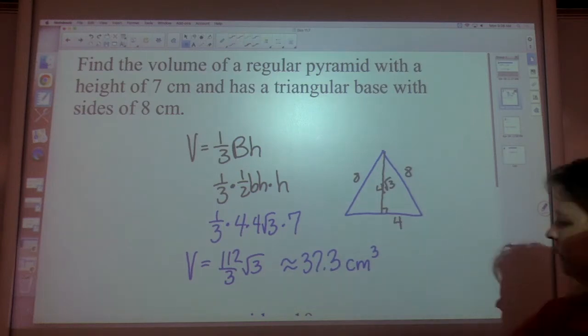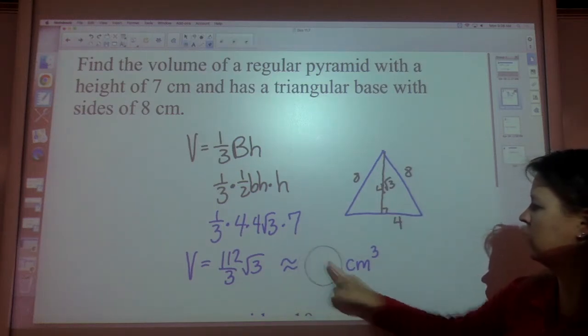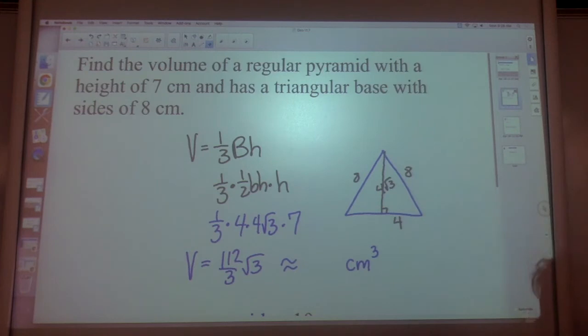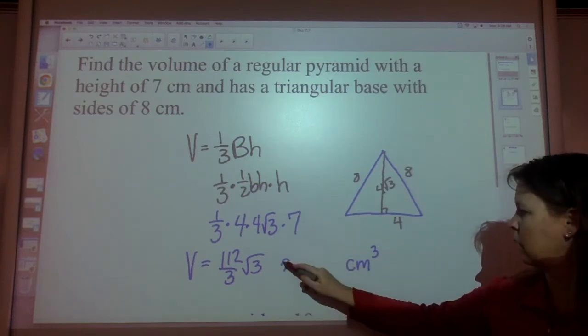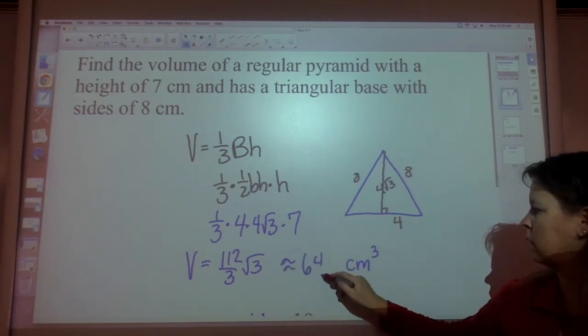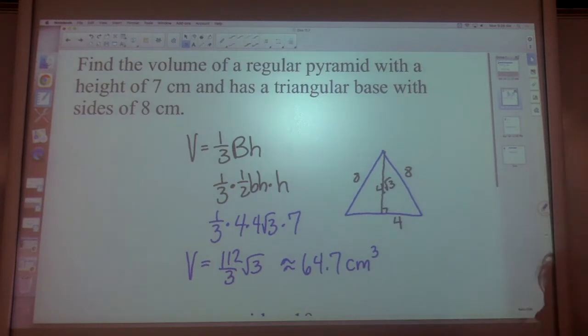No, it's not. I've got to get my square root of 3 in there. My bad. 1/3 times 4 times 4 times square root of 3 times 7. Thought that was too small. 64.7 cubic centimeters.